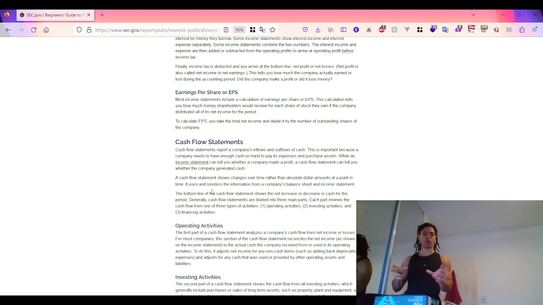The most common operating activities can be broken down into operating assets and liabilities, where on the operating assets side you have things like inventory, property, plant, and equipment, and prepaid expenses, which are expenses that a company incurred for goods or services that will be received in the long run.